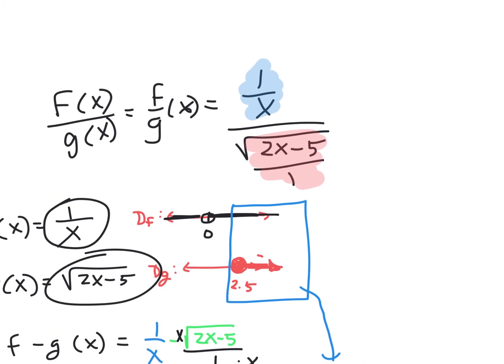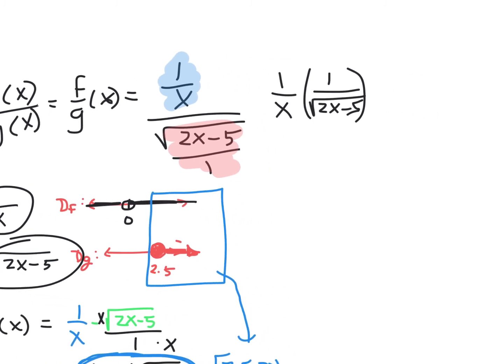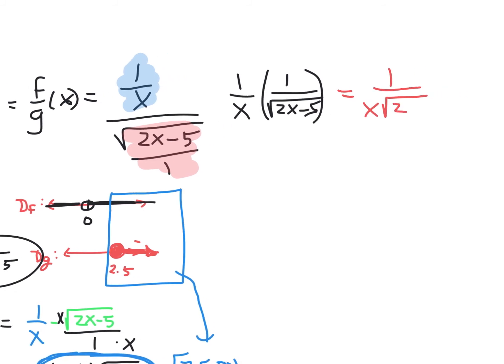So it's 1 over x times, flipping it, 1 over root 2x minus 5. One times 1 is 1. X times the square root of 2x minus 5.